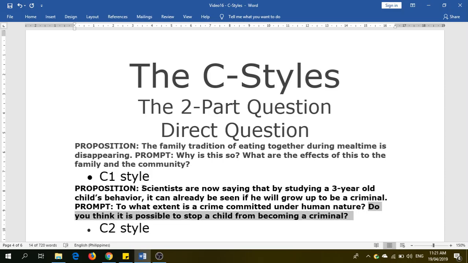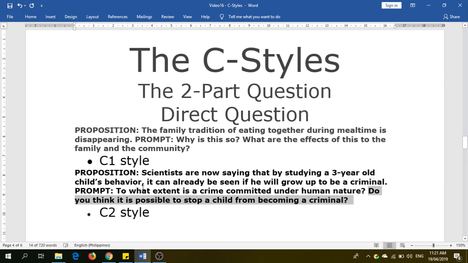And so, in answer to the second question, do you think it's possible to stop a child from becoming a criminal? The writer therefore just capped the discussion by saying that, yes, it is indeed possible to stop a child from becoming a criminal, even though the child has a criminal tendency, or is imbibed with a criminal mind.